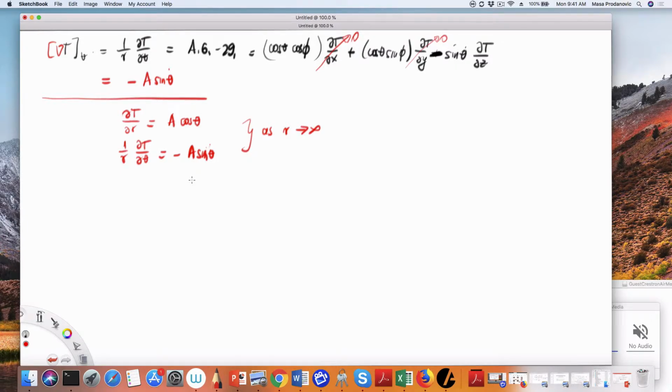Technically we are looking at a method of solution. So t of r theta is some function of r and some function of theta. So here I have derivatives of t with respect to r and with respect to theta. Is there a way for me to guess one of these functions?